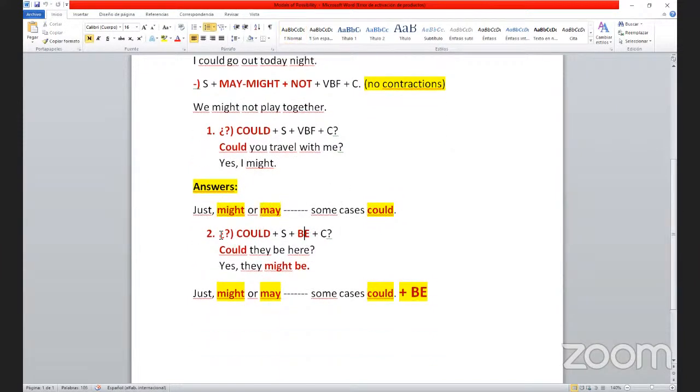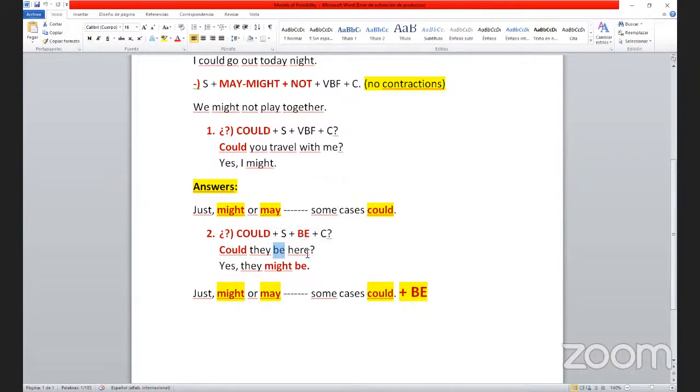The second kind of question is with could and the verb to be. Just the verb to be, not any other verb. For example, here is my question: could they be here? I'm using be.